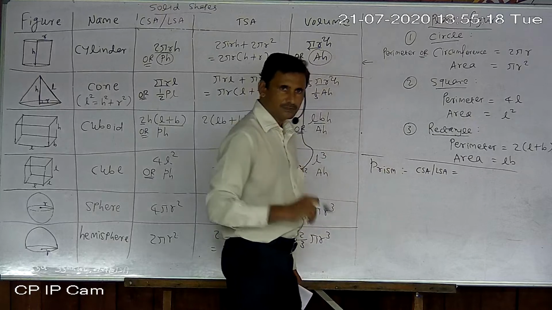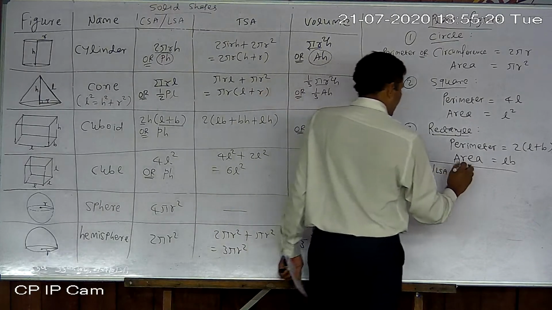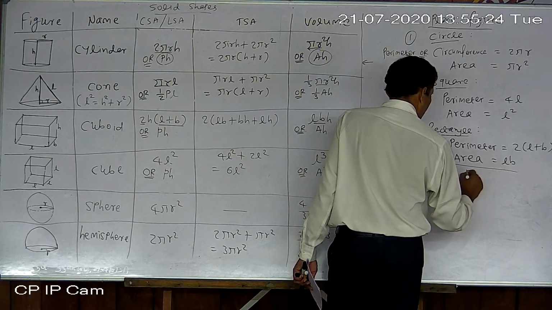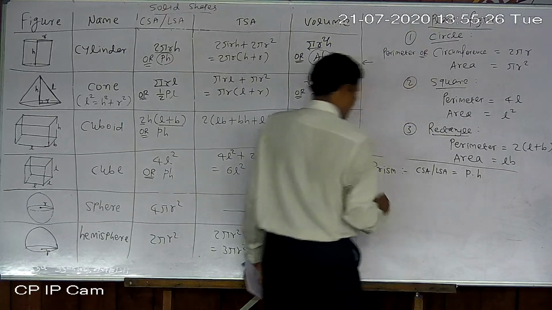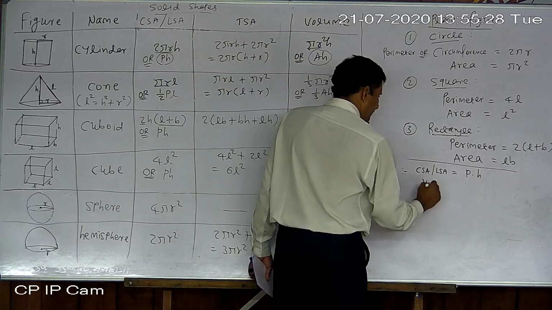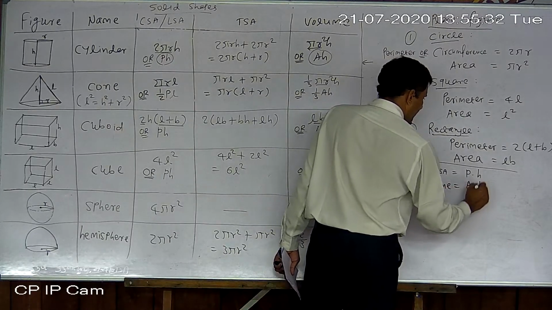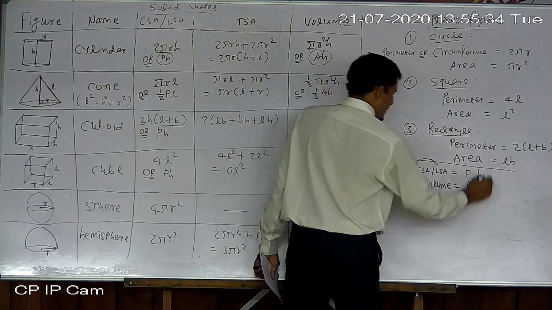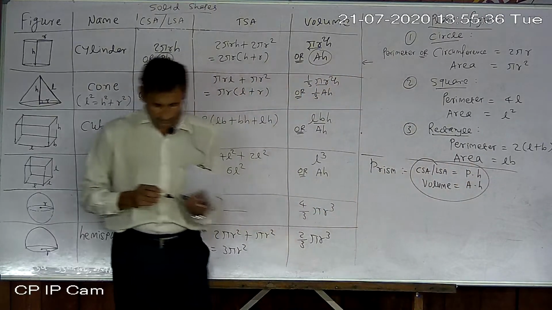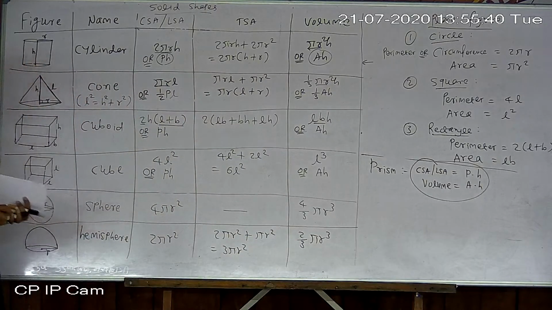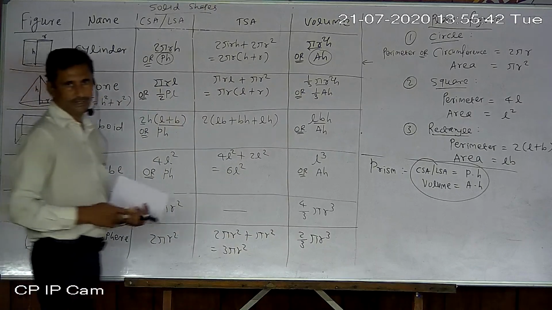I will explain after some time. It will be CSA or LSA equal to P into H, and volume equal to A into H. So these are the general formulas. CSA or LSA of a prism is equal to perimeter into height, and volume equal to area into height.